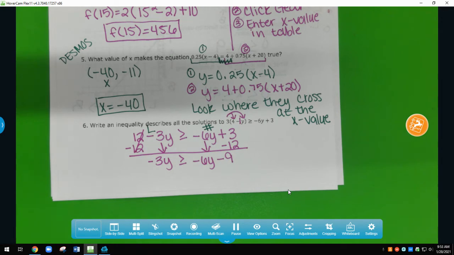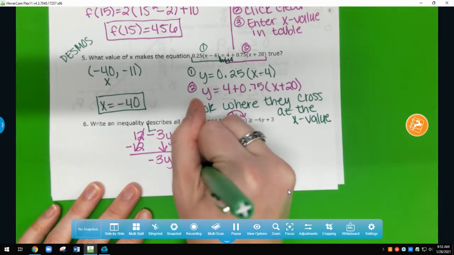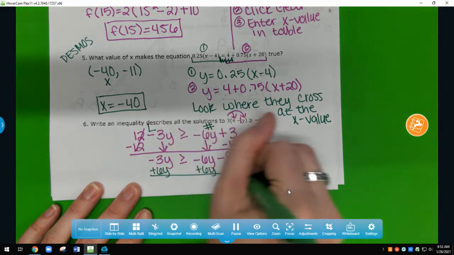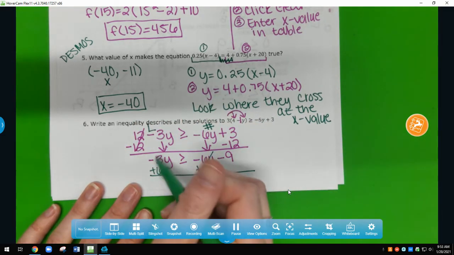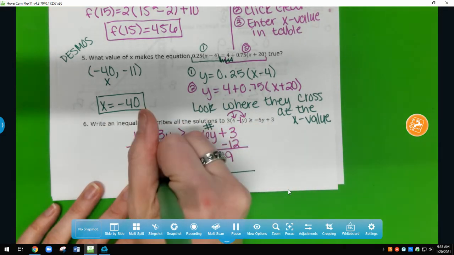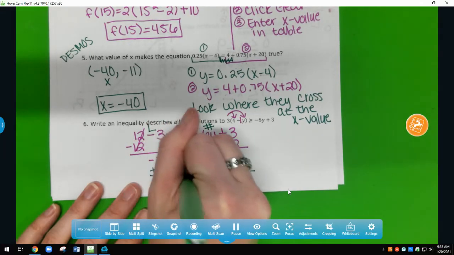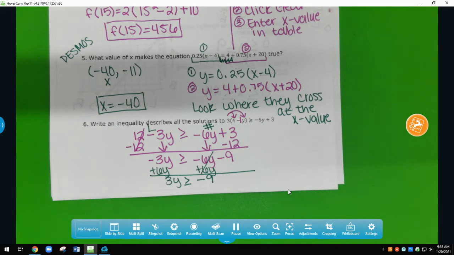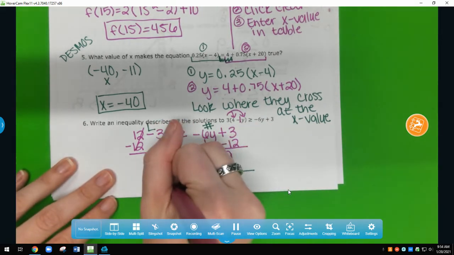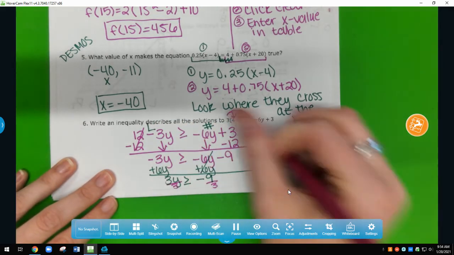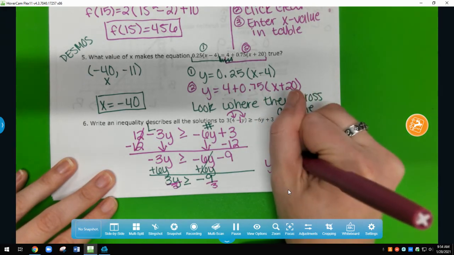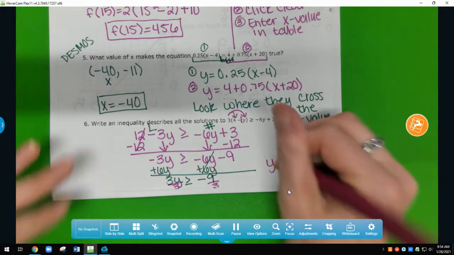Okay, now I need to move my letter to the left. So I'm going to add 6y. Negative 3 plus 6 is going to be a positive 3y. Now I'm dividing by 3. So I have y is greater than or equal to negative 3.